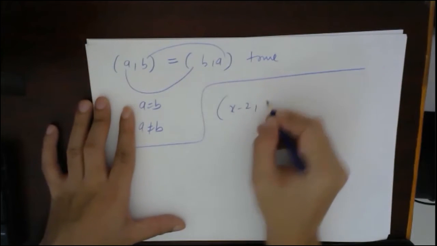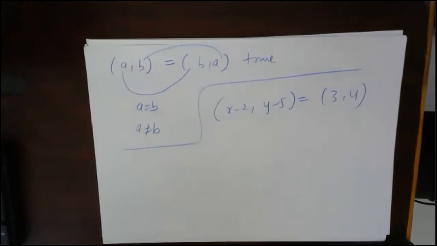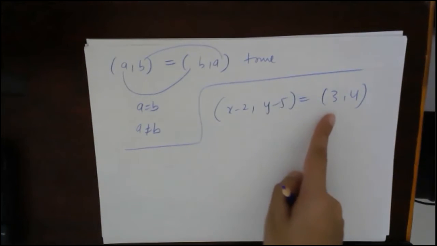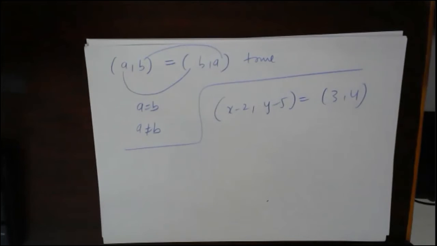Now this is a question. (X minus 2, y minus 5) is equal to (3, 4). Then find the value of x and y. Very easy question. x is equal to 5 and y is equal to 9.